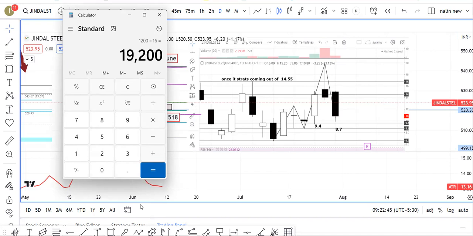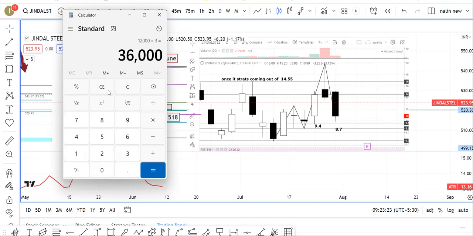Now, what has happened? It has come down to 10 rupees. 10 into 1,200 is equal to 12,000, into 3, that is 36,000 rupees.